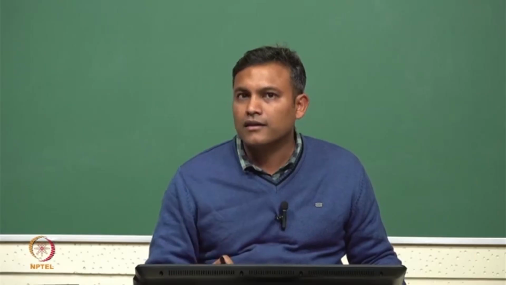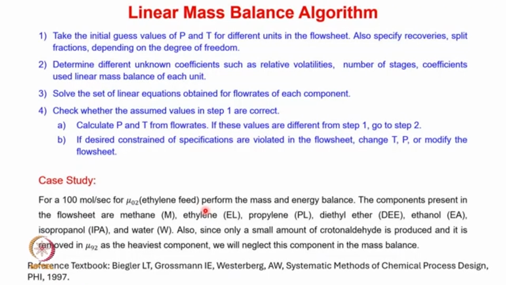For instance, in a splitter the degree of freedom is just one, so we have to just specify the split fractions, whereas in the reactor typically the conversion is important, because based on the conversion we find out how much will be the molar flow rate of the different components coming out from the reactor. If you look at the flash unit, the degree of freedom is 2. So in addition to the split fractions, we have to specify either temperature or pressure.